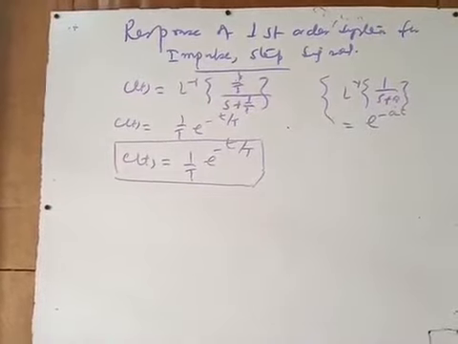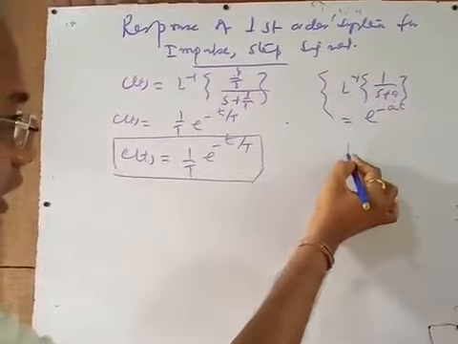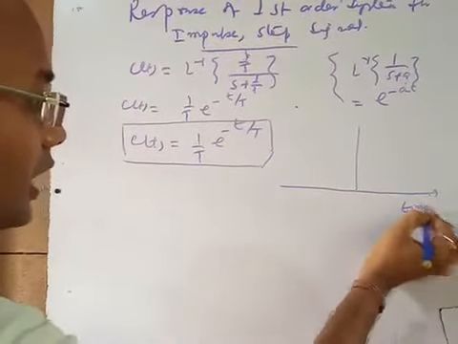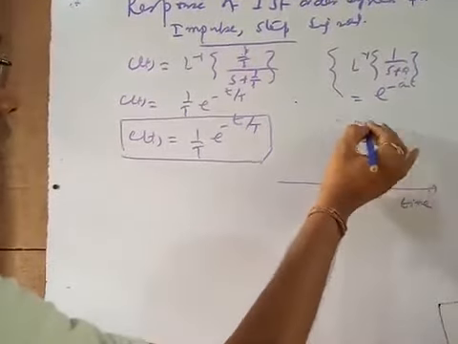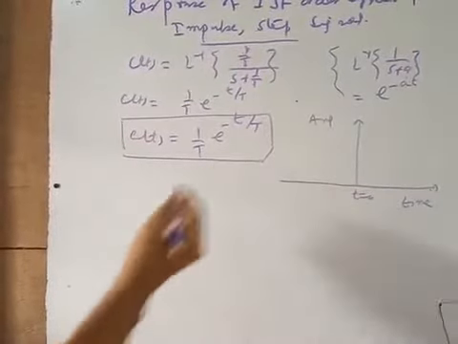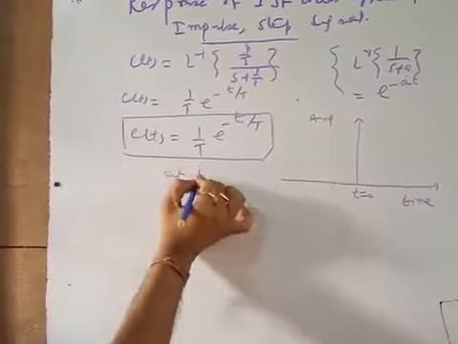Now how can you get the graphical representation of the output? This is your time, t is equal to 0, and this is your amplitude. Now put the value at t is equal to 0.